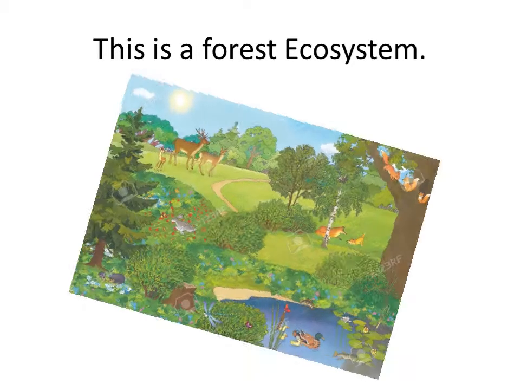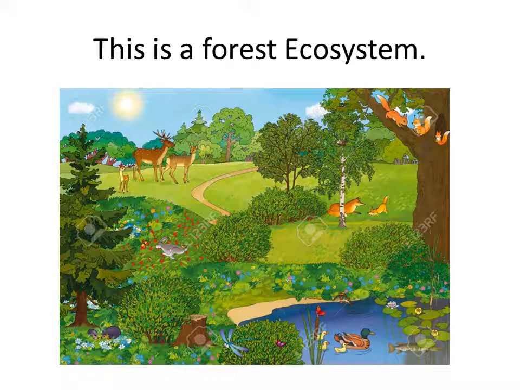This is a forest environment. If you look at this forest environment, you can see deer. You have groups of deer, groups of foxes, you have squirrels on the tree, you have trees, you have even shrubs, small, short plants, or short trees, let's say. You have the water.